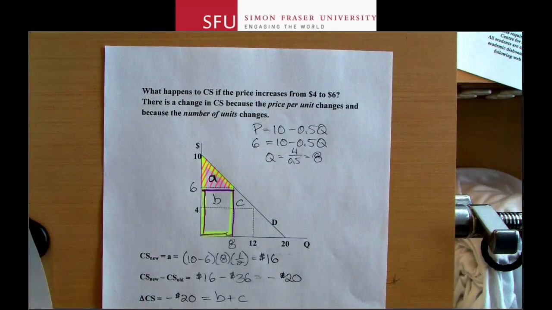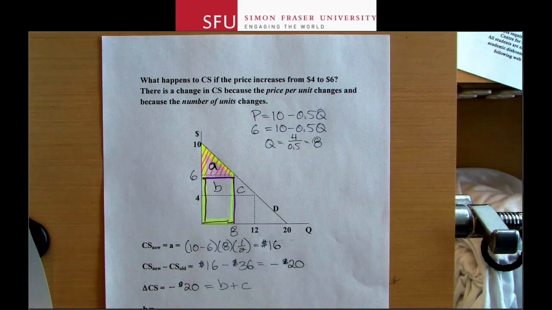When the price was 4, they bought 12. You can say 12 people bought the good at this price of $4. Now only 8 people are buying the good at the newer, higher price of 6. Say each person is buying 1 unit. So there were 12 people here, only 8 consumers there.